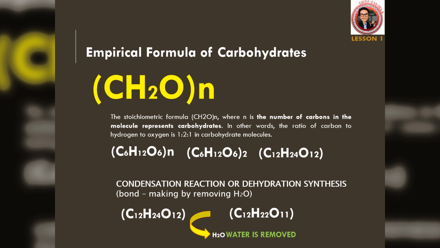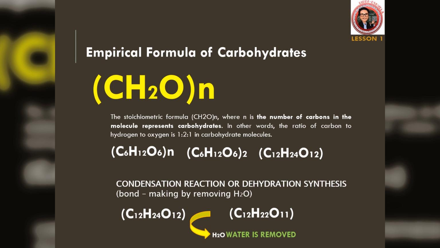If i-combine natin siya with another monosaccharide, ang mabubuo ay disaccharide. So, dapat ang atomic ratio ay madodoble. Magiging C12H24O12 sana. Pero bakit kaya naging C12H22O11 na lang? Kasi nga, in dehydration synthesis, the water is removed or formed as byproduct.